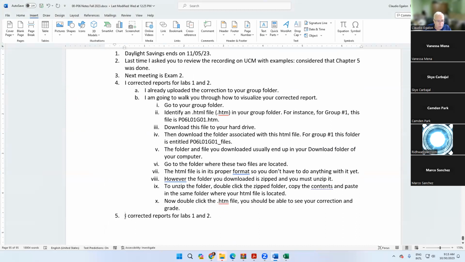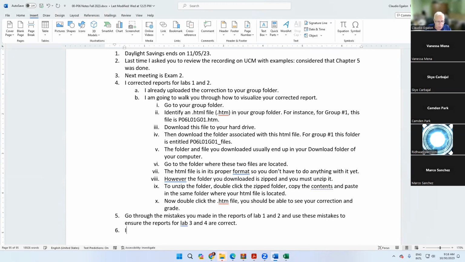Go through the mistakes you made in the reports of lab 1 and 2, and use these mistakes to ensure the reports for lab 3 and 4 are correct, okay?